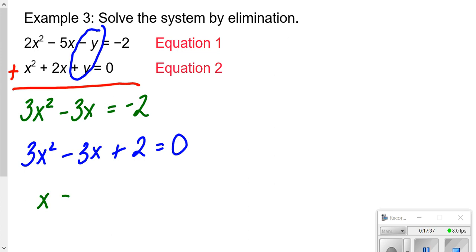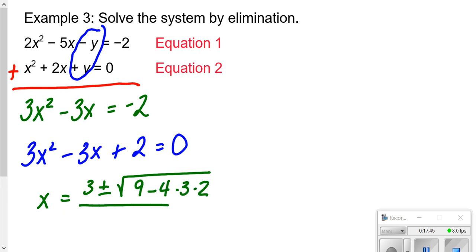So x is the opposite of b plus or minus the square root of b squared minus 4 times a times c, over 2 times a. I work this out, I get 3 plus or minus, let's see here, this is 12 times 2 is 24. So I have 9 minus 24.